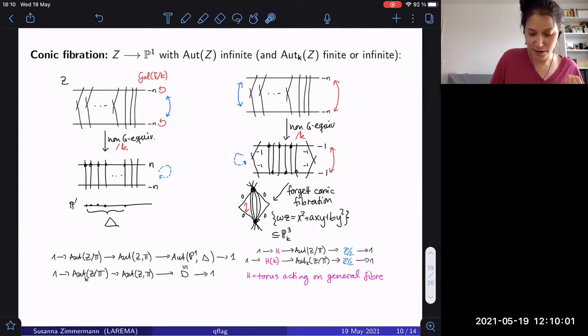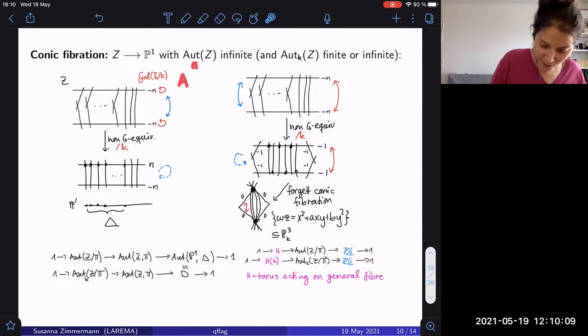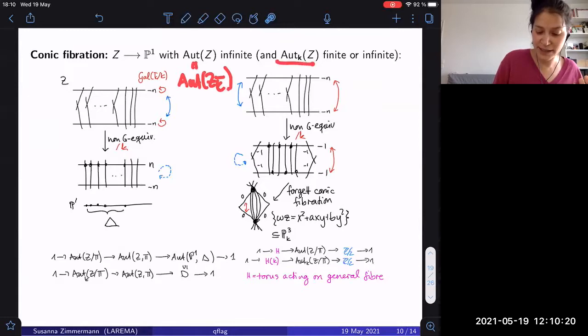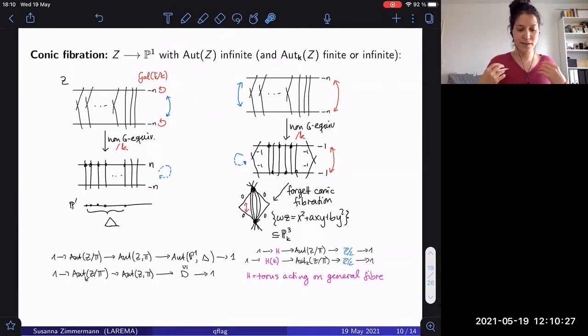So this is if your automorphism group is infinite. That means this is the automorphism group of Z over K bar endowed with a Galois action, and its rational point is exactly the usual automorphism group over K. So if this here is infinite, then these conic fibrations, the minimal conic fibrations, they have 2 sections that don't intersect and that have negative self-intersection.